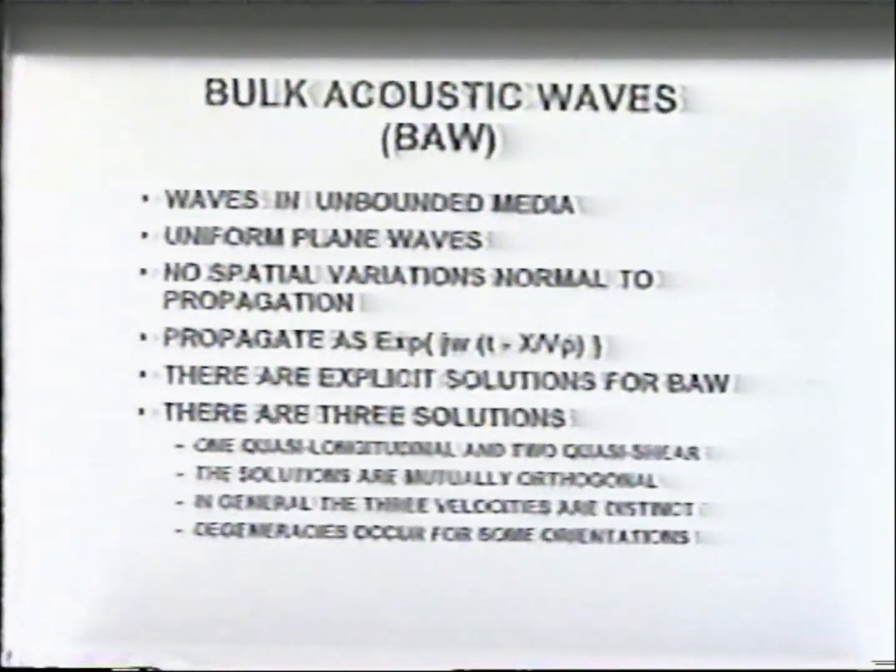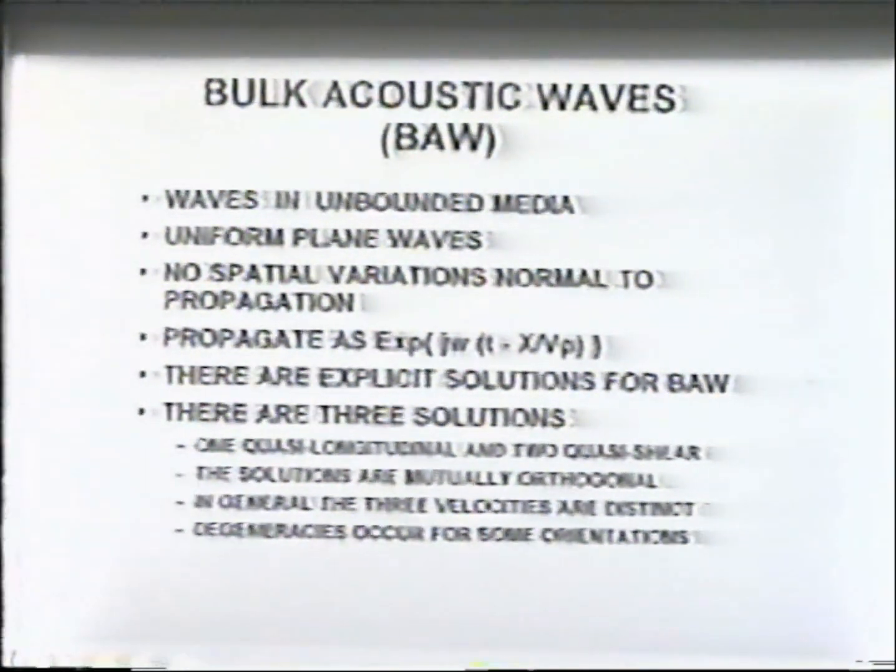It's really a third-order system in a sense, and there are 3 solutions to the velocity of propagation along any chosen direction. Because the coefficients of these equations are real, these velocities are real, and the eigenvectors of the structure are orthogonal. So we have 3 solutions, mutually orthogonal. In an arbitrary direction, there will be 3 different numbers.